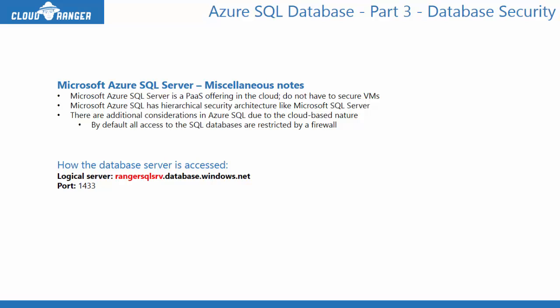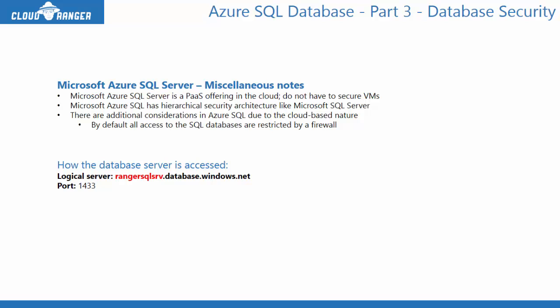Just to remind you how the database server is accessed in Azure SQL, since it's in the cloud, we have to use the entire DNS entry. As you can see, the logical server, which is what we call the SQL servers in Azure, is a logical server. I named my server Ranger SQL SRV, but that's the name of your server, followed by .database.windows.net.